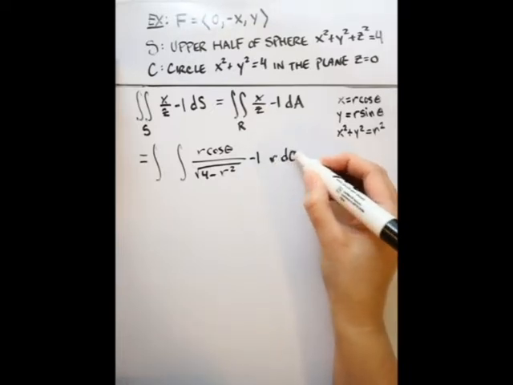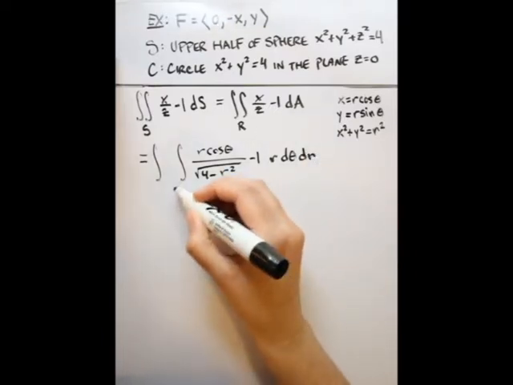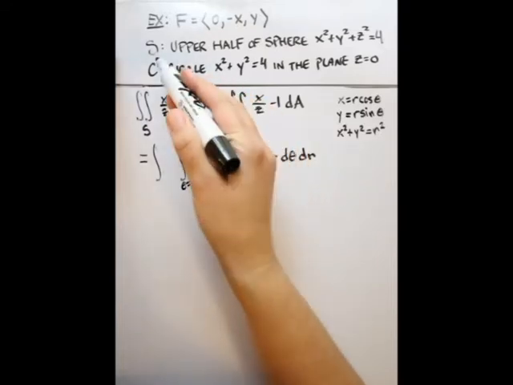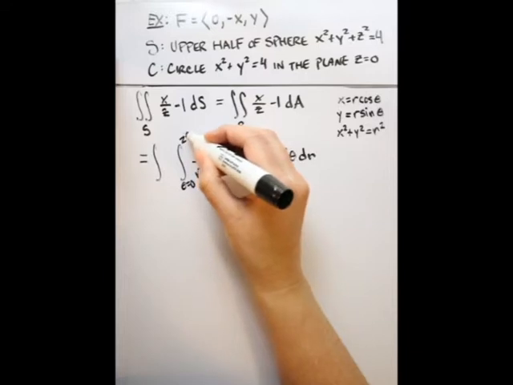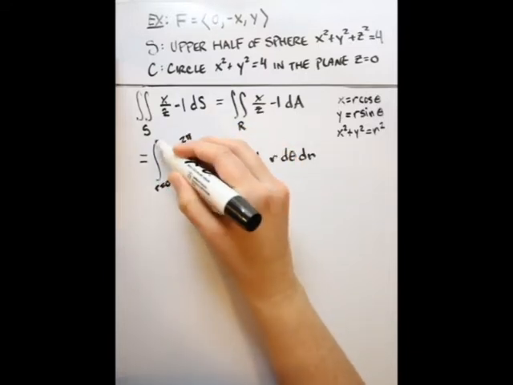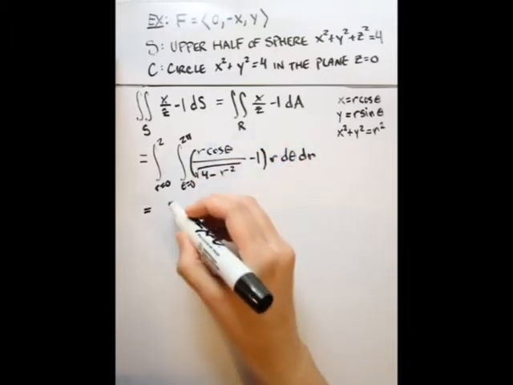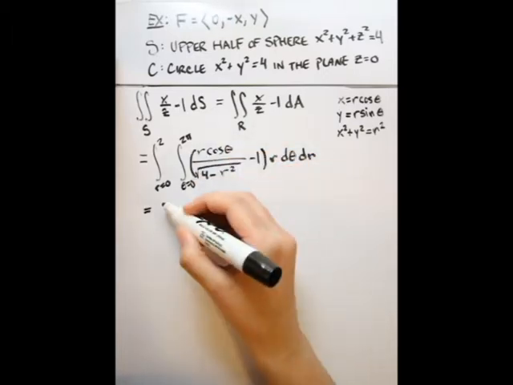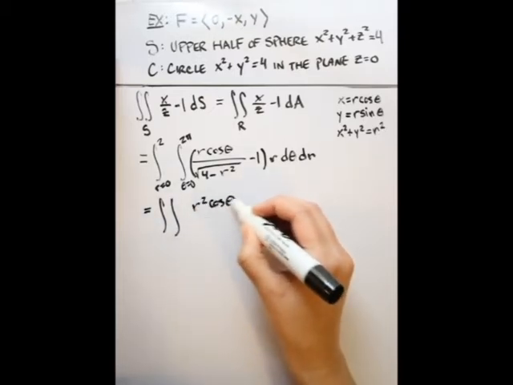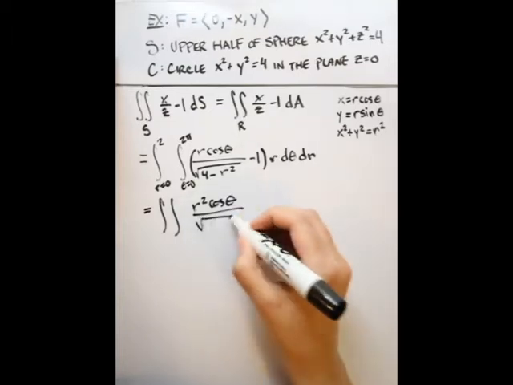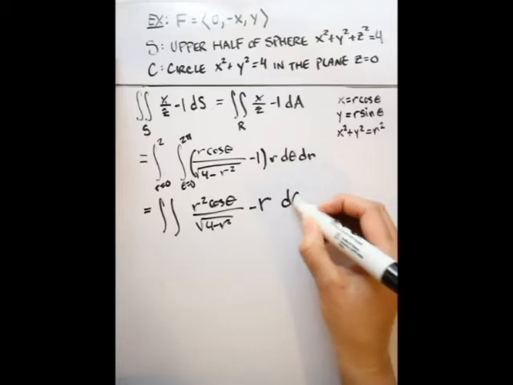However, I'm going to integrate with respect to theta first because it's going to make the rest of the integration easier. With respect to theta, our region varies from 0 to 2 pi, and then our radius varies from 0 to 2. Distributing this r, this double integral becomes r squared cosine theta over r square root, minus r, and we're going to first integrate with respect to theta.